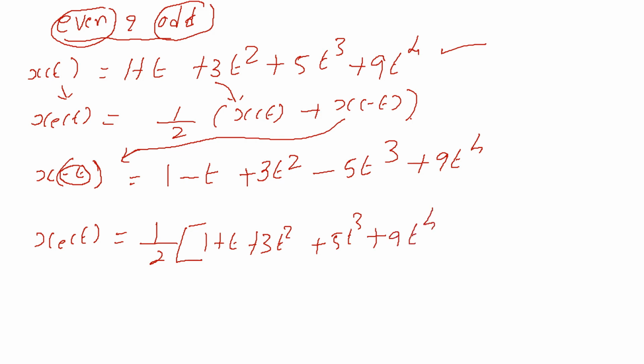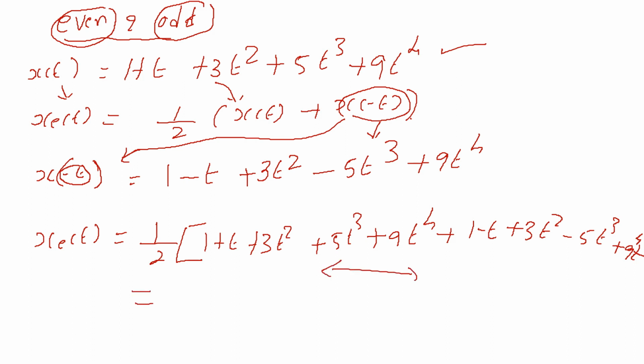Then this part we have already found separately, we have to write it: plus 1 minus t plus 3t square minus 5t cube plus 9t4, right? Now do the manipulation.